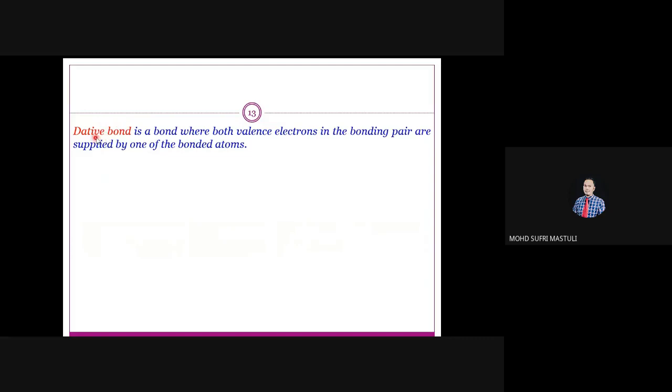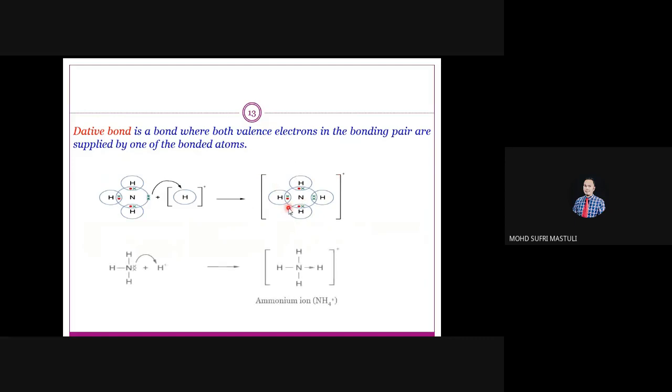So what is a dative bond? A dative bond is a bond where both valence electrons in the bonding pair are supplied by one of the bonded atoms. So only a few cases in ionic or covalent compounds have a dative bond. One example is the ammonium ion NH4+.